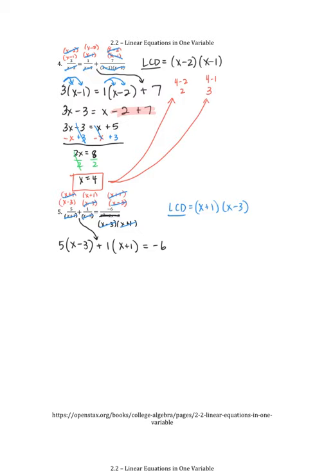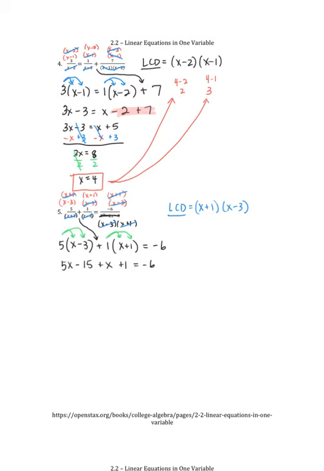All right, now we're going to solve it like we did the last one. So distribute the 5, distribute the 1. So we will get 5x minus 15 plus x plus 1 equals -6. We're going to combine our like terms.